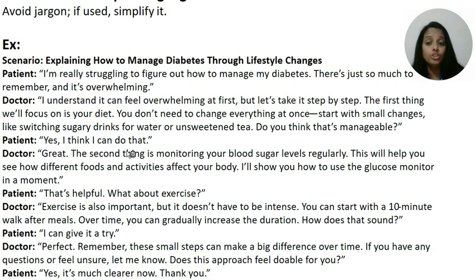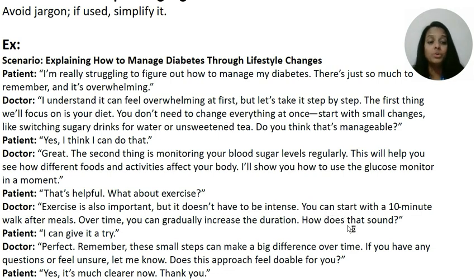Yes, I think I can do that. Great. The second thing is monitoring your blood sugar levels regularly. This will help you see how different foods and activities affect your body. I'll show you how to use the glucose monitor in a moment. That's helpful. What about exercise? Exercise is also important, but it doesn't have to be too intense.